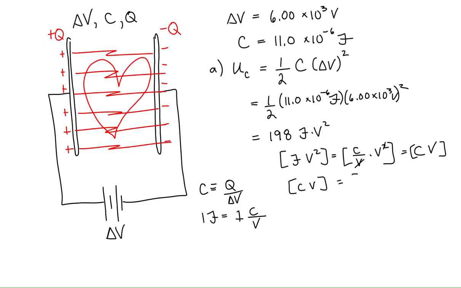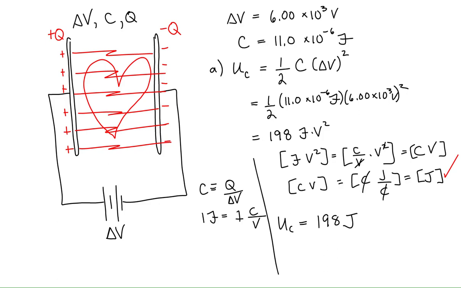A volt, remember, is a joule per coulomb. And we see that the unit of farad volt squared is equal to the unit of energy, the joule. So then we could write that the potential energy stored by the defibrillator is equal to 198 joules.